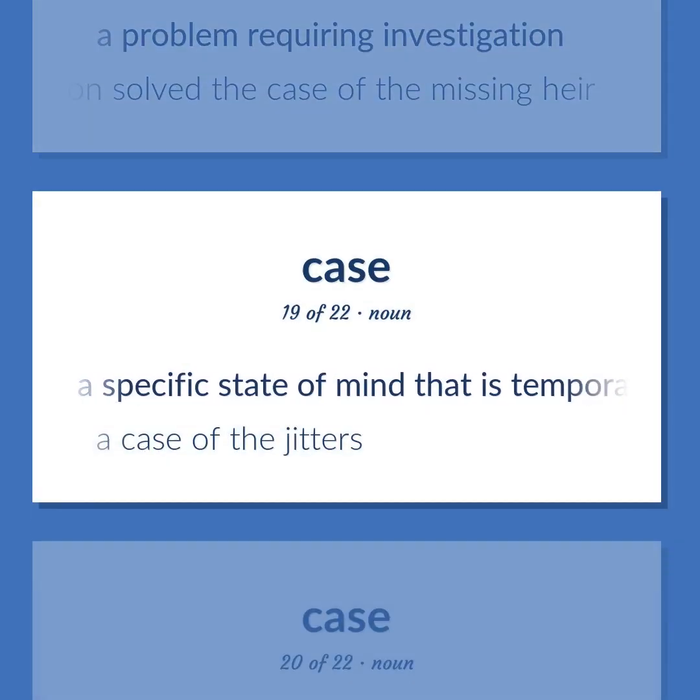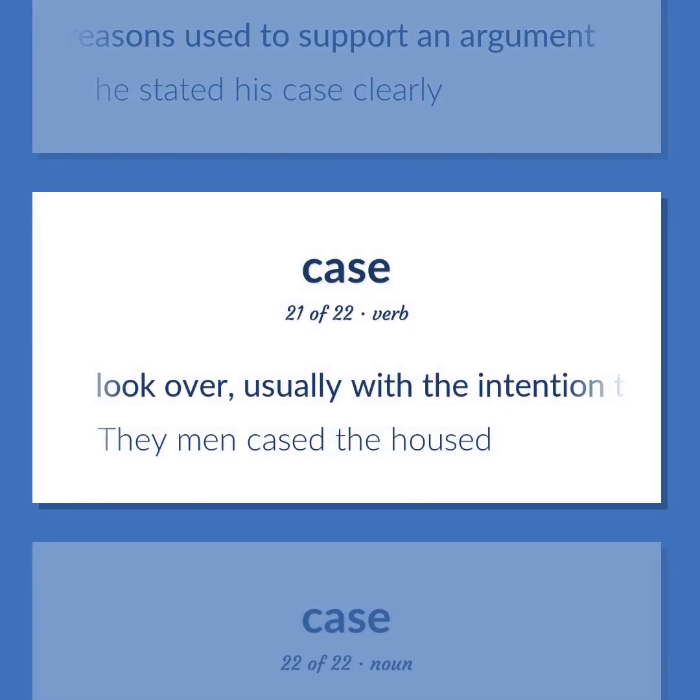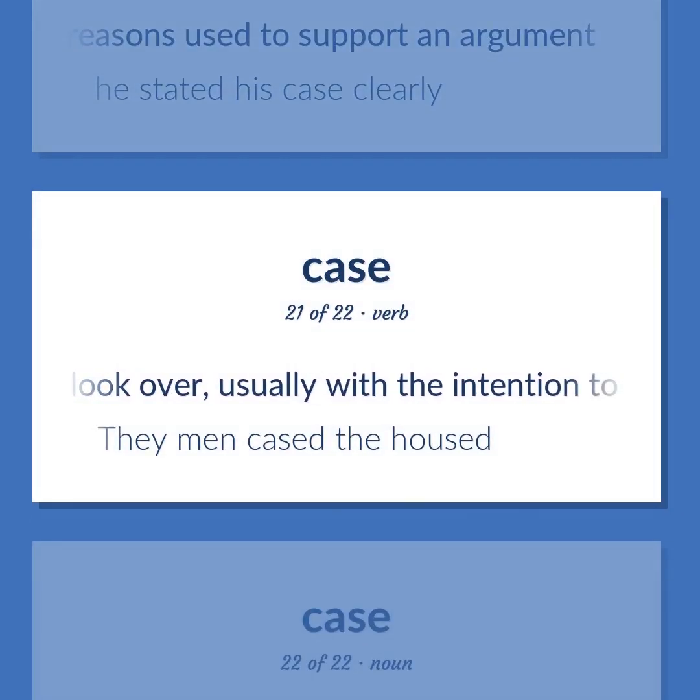A specific state of mind that is temporary. A case of the jitters. A statement of facts and reasons used to support an argument. He stated his case clearly. Look over, usually with the intention to rob. The men cased the house.